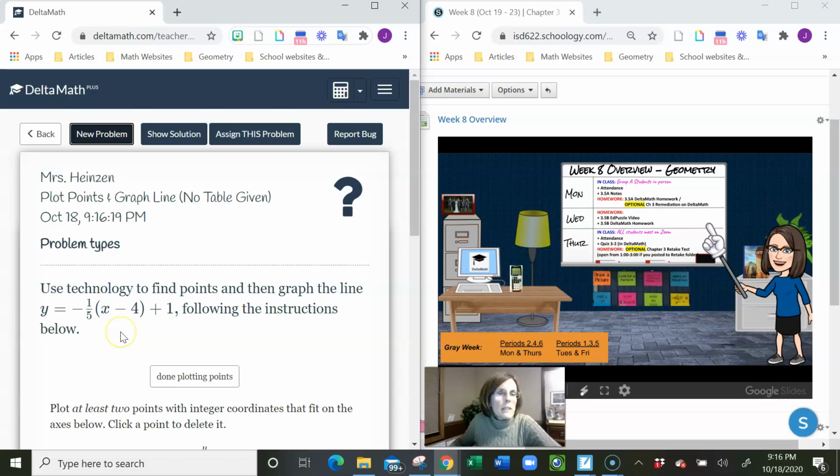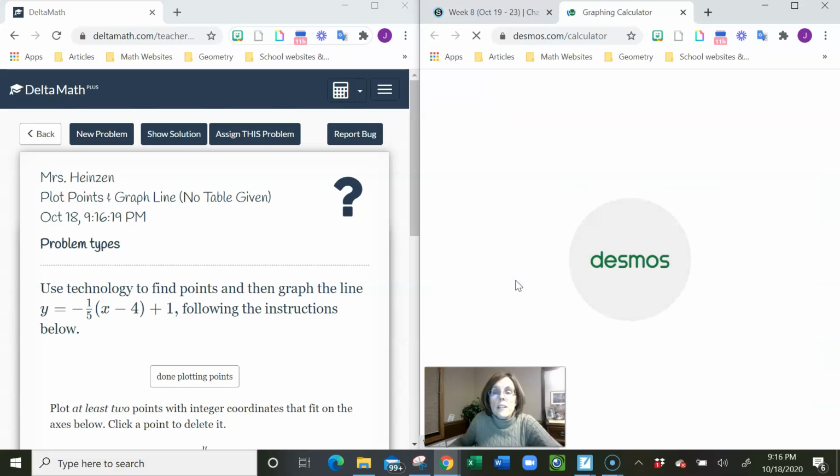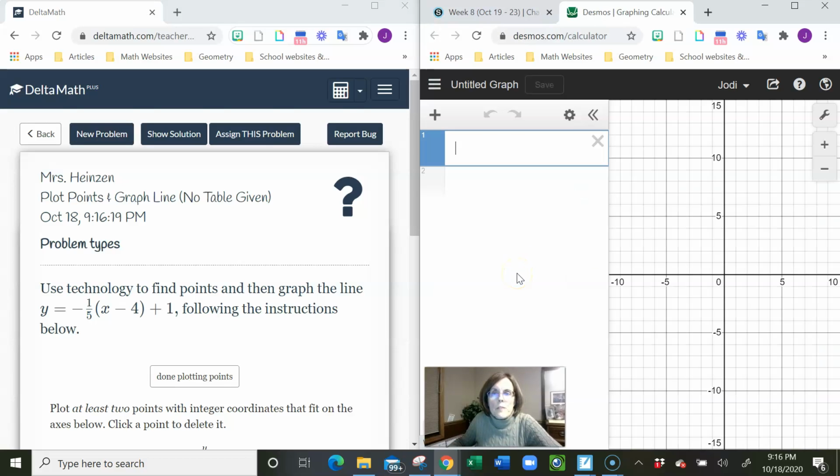Now, I could make a table by hand. I could, on my piece of paper, plug in different values of x to find out what the y value is. But let me show you another way to do this. I have up here the week 8 overview. So this is in the week 8 folder. You'll see this. And on the desk is a calculator. And if you click on this, it will take you right to a graphing calculator, which is called Desmos.